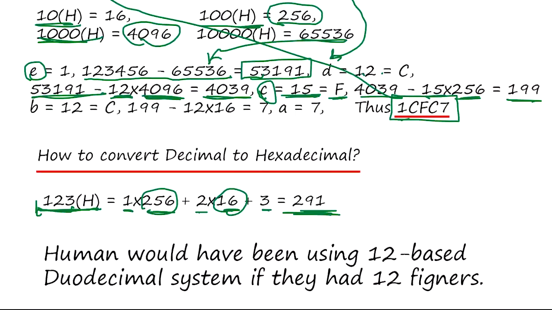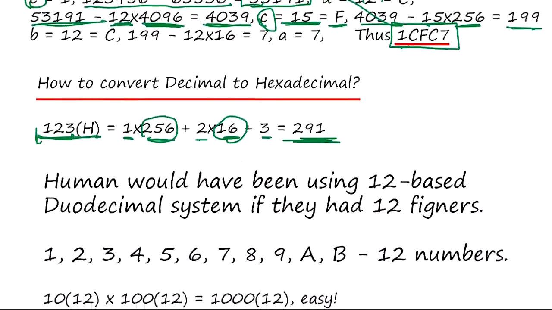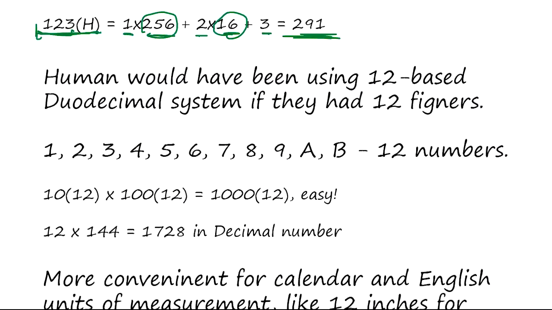Just know this: humans use decimal numbers because humans got only 10 fingers. So when you count, after finishing 10, you go to the next digit and repeat. Humans would have been using the 12-based duodecimal number system if they had 12 fingers.